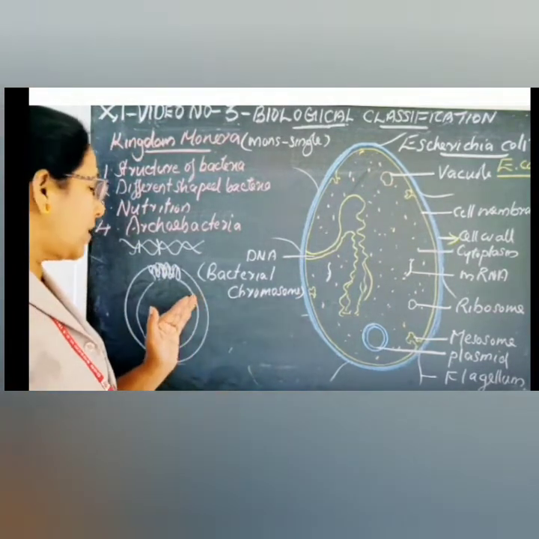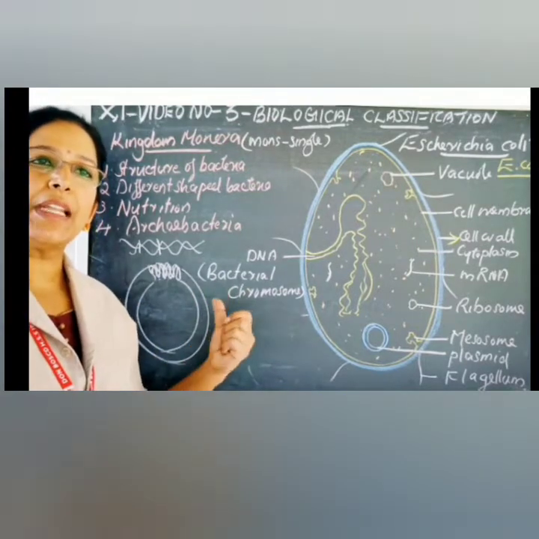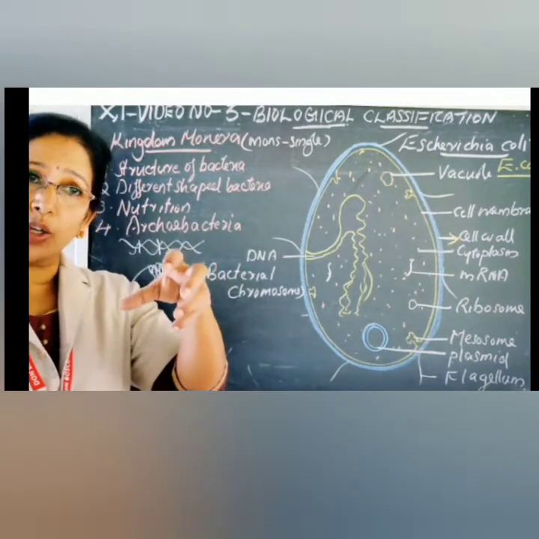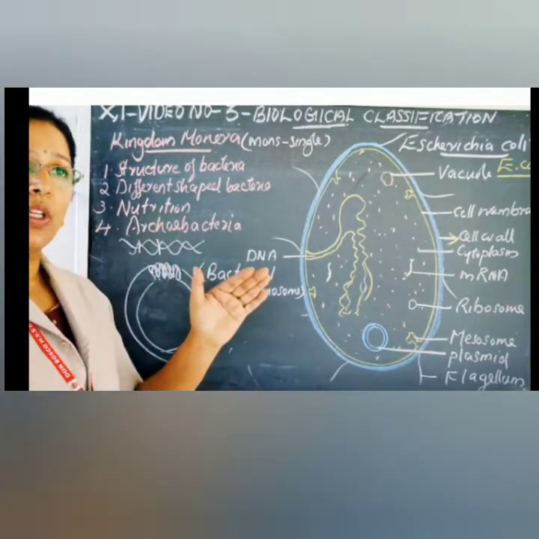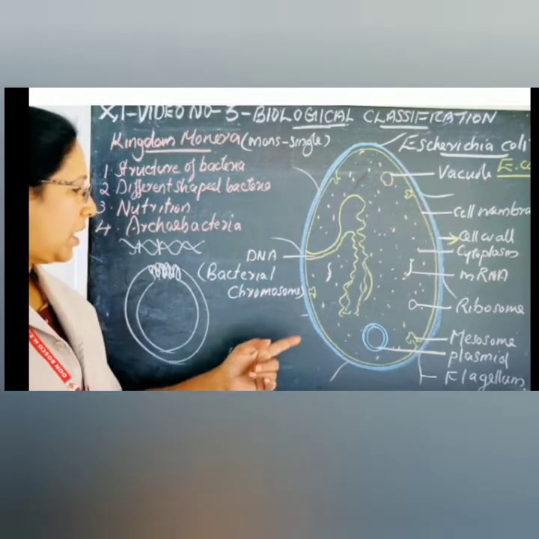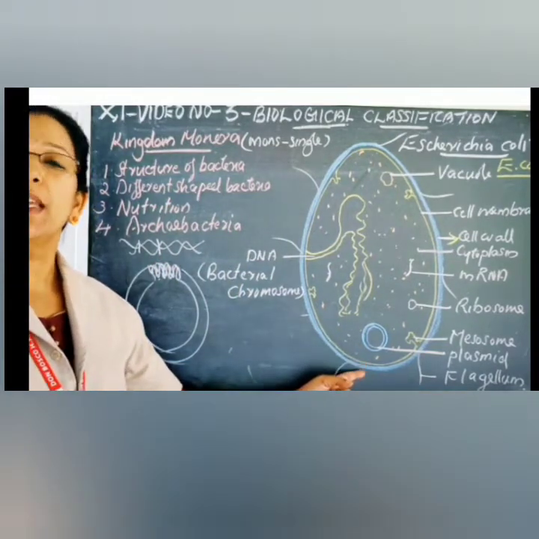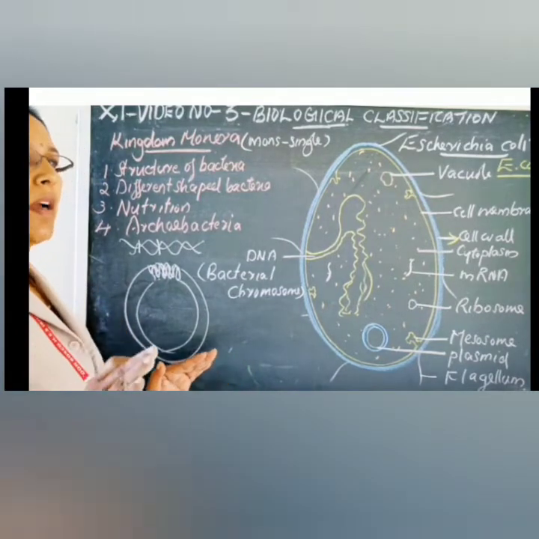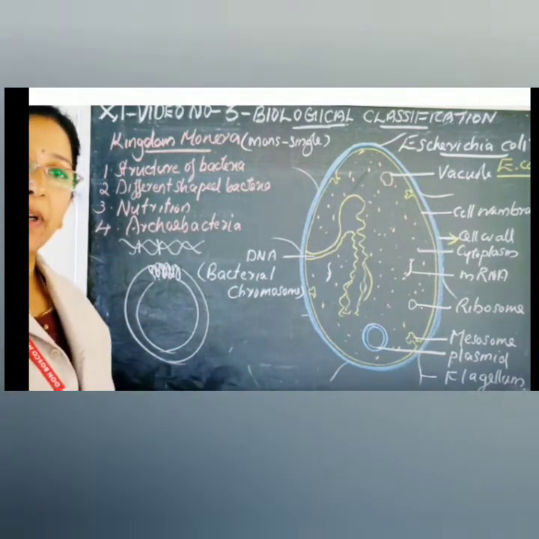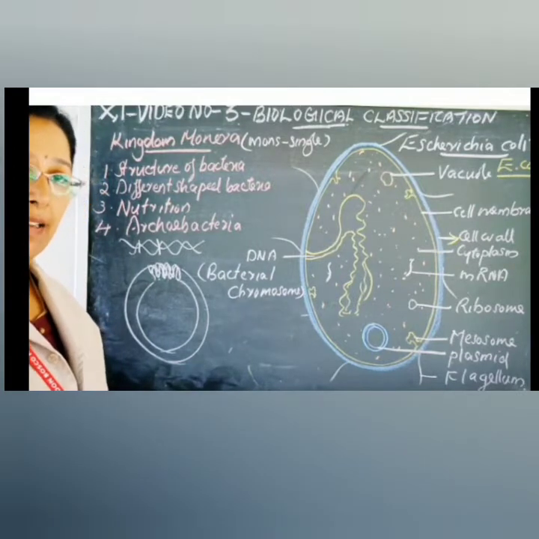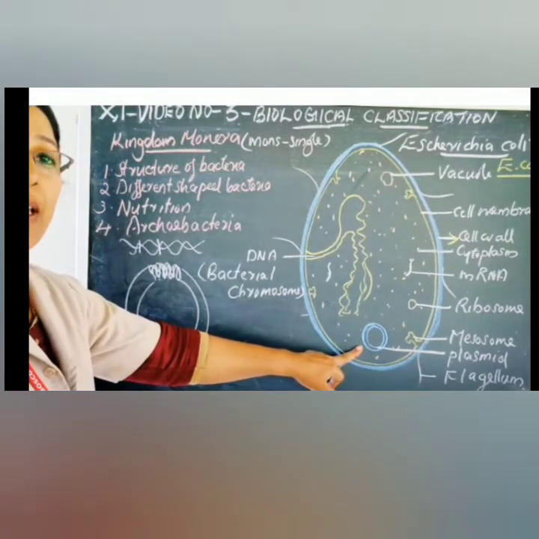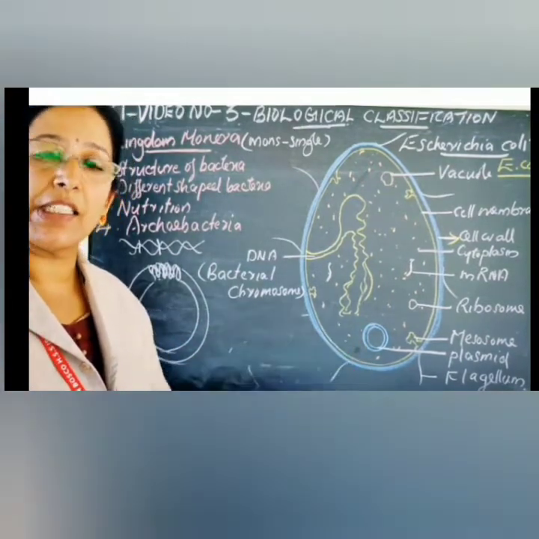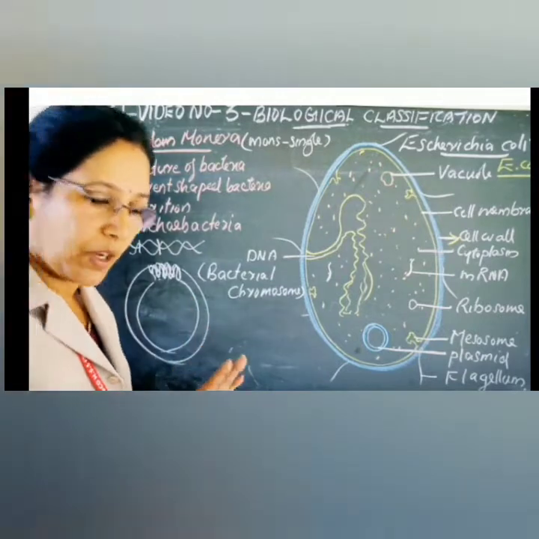So it acts as a vehicle. After inserting one gene, the cell works according to the wish of that gene. So in the field of biotechnology, this plasmid is very important. That much only you have to remember in this class about the plasmid. Later you will study in detail. So plasmid is extrachromosomal DNA present in addition to the genomic DNA.